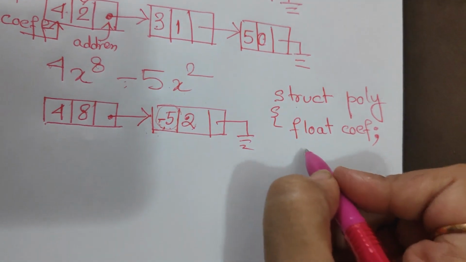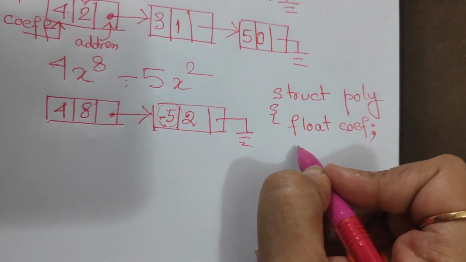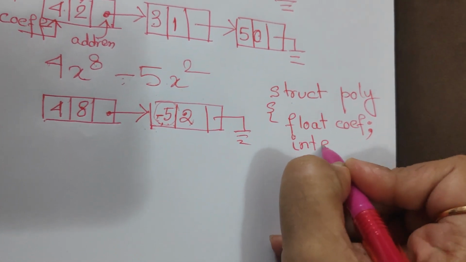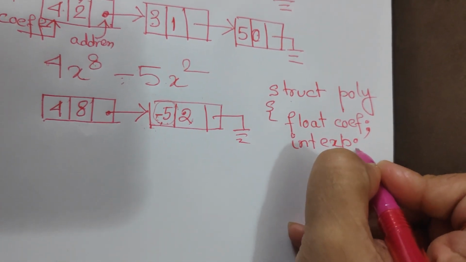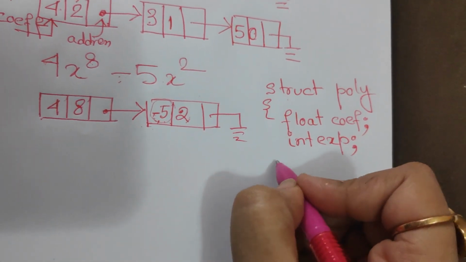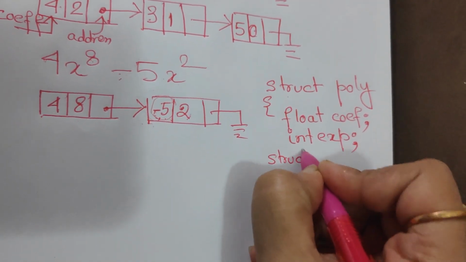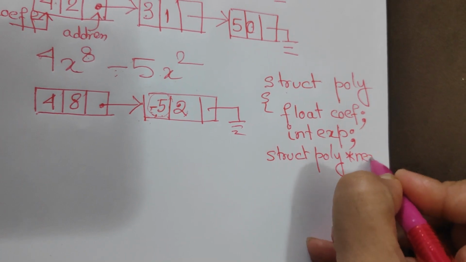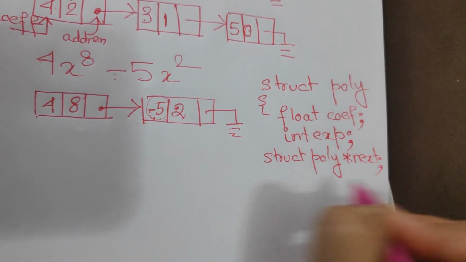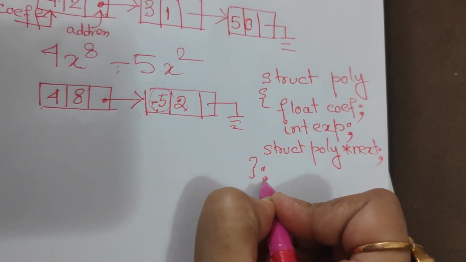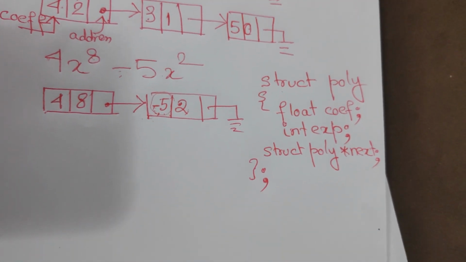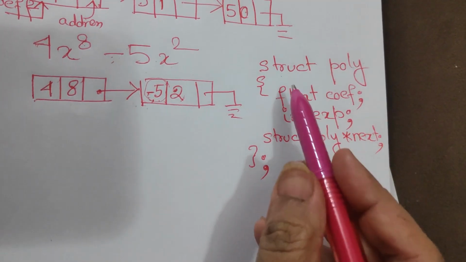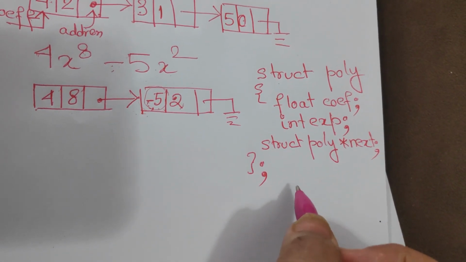And the exponent is positive or negative, but it is an integer, so we will take int exponent. And struct poly star next, which will store the address part of the next node. So this is the structure for one node of a polynomial.